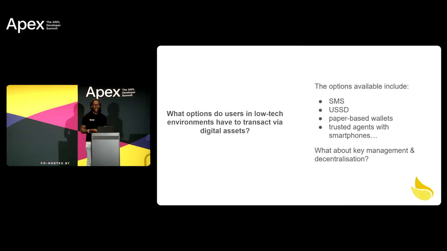If you look at a lot of the success stories in African mobile money startups, what's made them successful is that they've got agents across the country where people, once they receive funds, can go and exchange that for cash. So that's an alternative: maybe you can have trusted agents who have smartphones, and somehow that smartphone will manage the keys of the user.